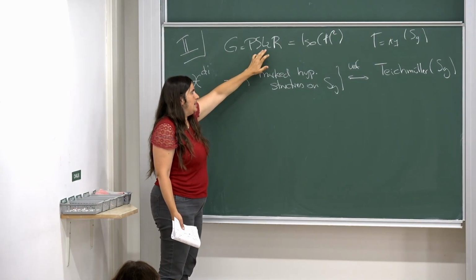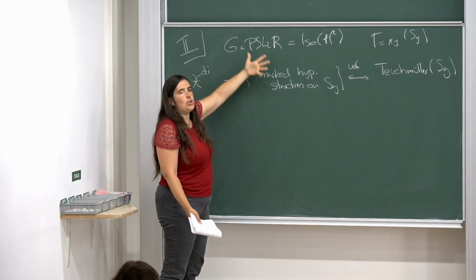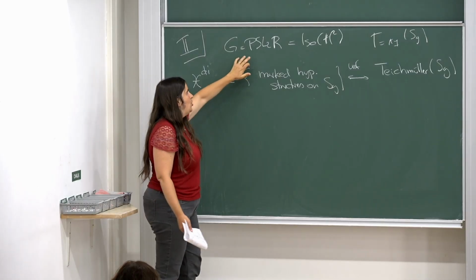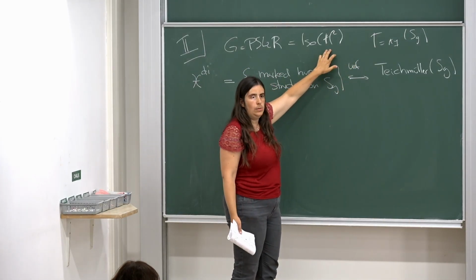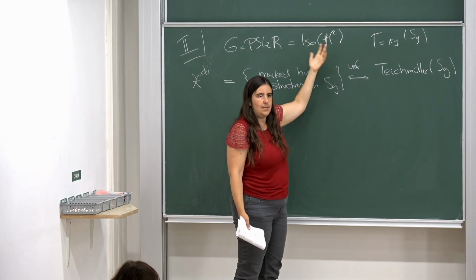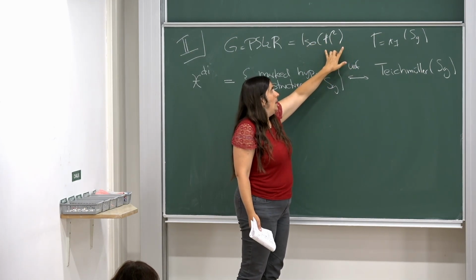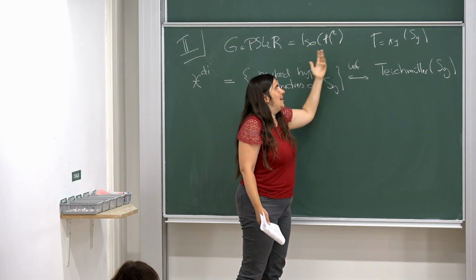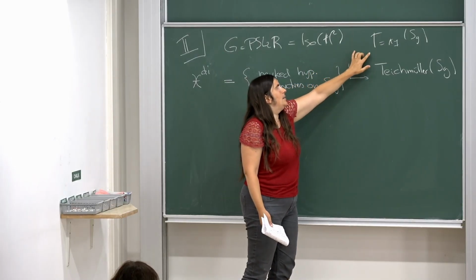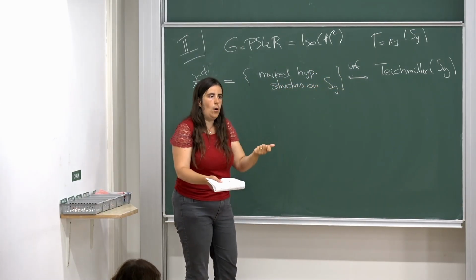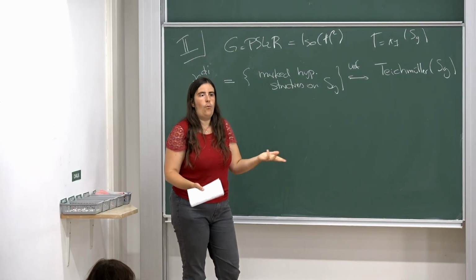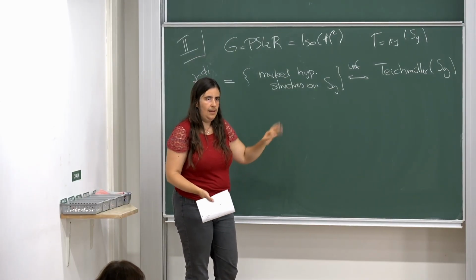And in this case, the action is co-compact. It's the only case in which the action of gamma can be co-compact on H2, and it will be co-compact if it's injective with discrete image. And this says that I can believe that if I start from a nice hyperbolic structure and I deform, I will forever be nice and discrete and injective.